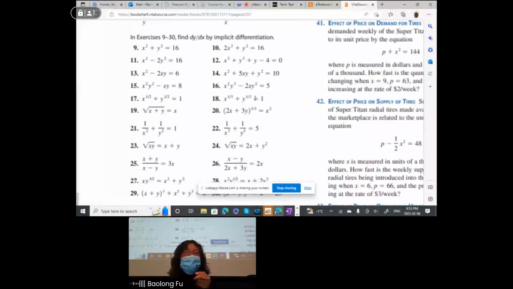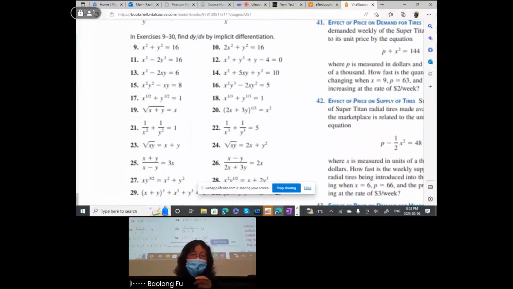The textbook provides answers for all the odd numbered questions, so I would do maybe 2 even numbered questions. Maybe I will do question 12, then maybe 20 or 22, 24.